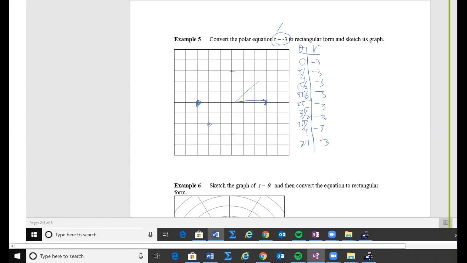And then at pi over 2, I'm up here with my ray, but I go backwards along that ray down to that point. And I continue in that fashion, always going backwards along the ray until I reach here, then I'm here, then I'm here, then I'm here, and finally, when I reach 2 pi, I'm back over here again.